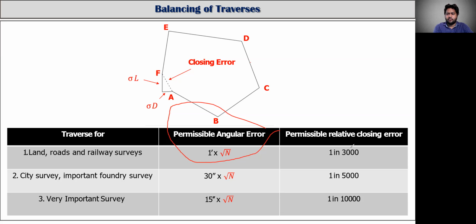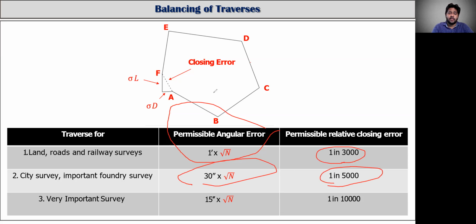That is the permissible relative closing error of 1 in 3000. For city surveys and important boundary lines, it is 30 seconds into root of n, and 1 in 5000 will be your angles. These are the closing errors.